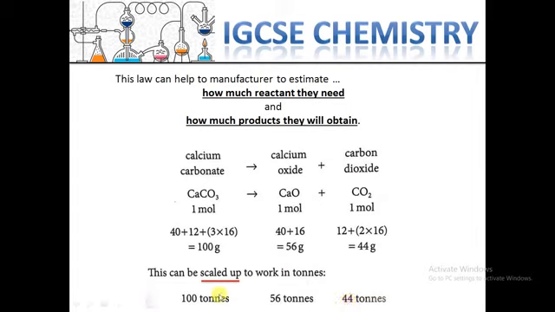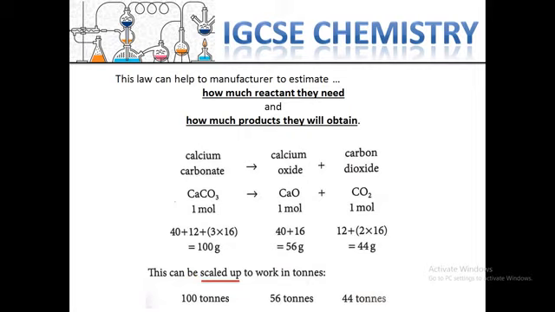That means each 100 tons can produce 56 tons of calcium oxide and 44 tons of carbon dioxide. So by the law of conservation of mass, we can predict to a larger scale.